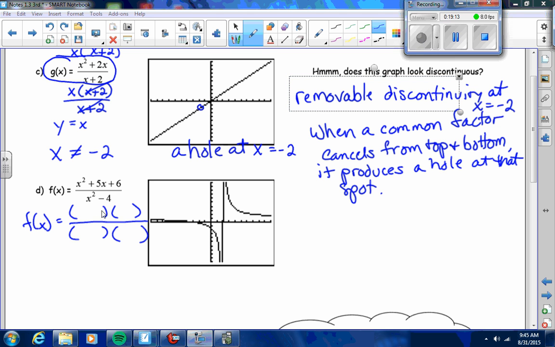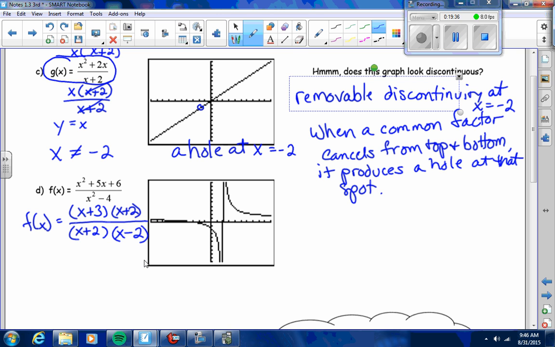What does the numerator factor down to? So the numerator is x plus 3 times x plus 2. And what about the denominator? X squared minus 4 factors down to x plus 2, x minus 2.